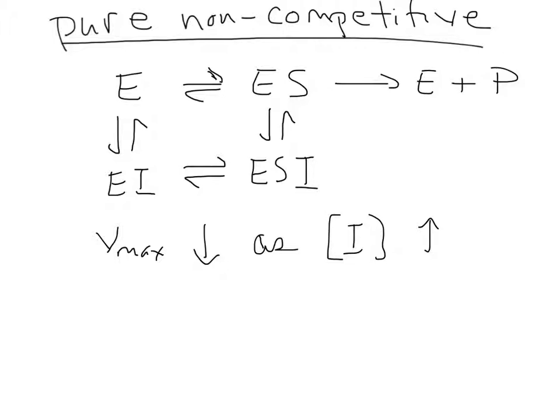In the pure form, the binding or the association constant, Km, is not affected. So in other words, the substrate can bind to the EI form, going from EI to ESI, just as easily as from E to ES, so that the Km does not change.